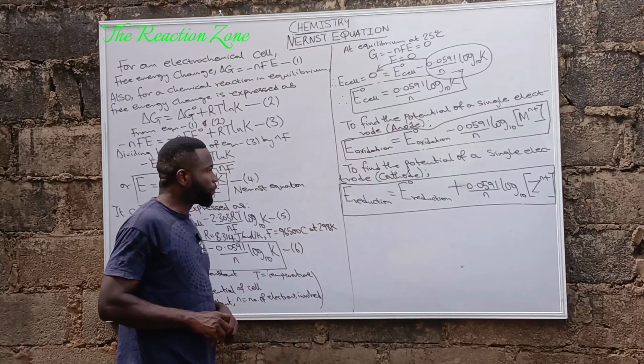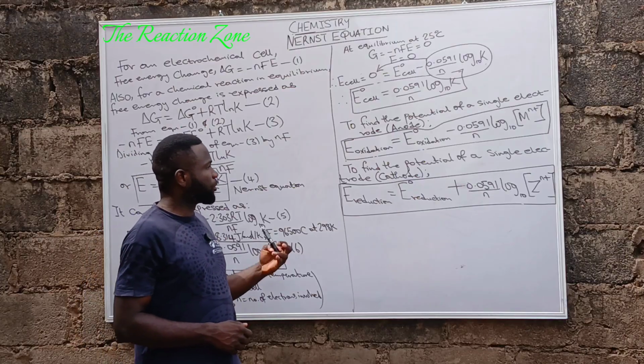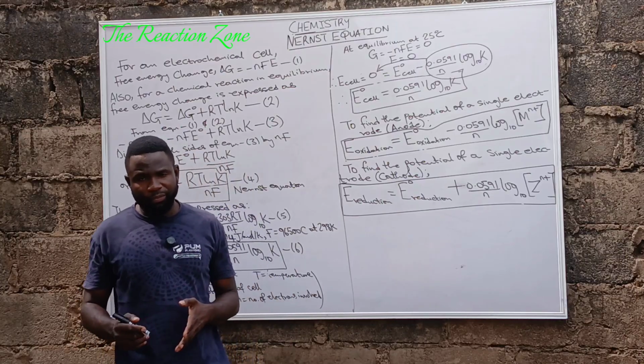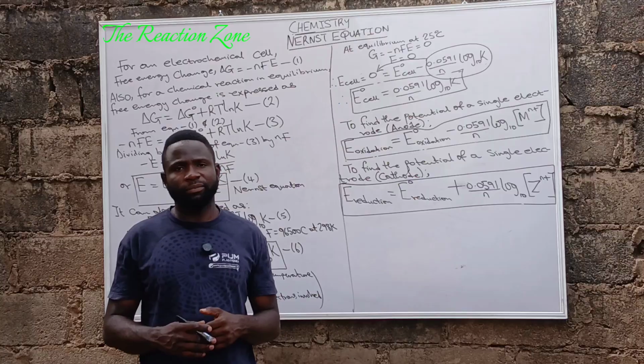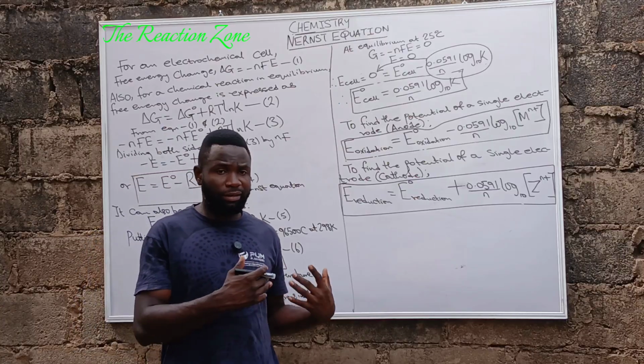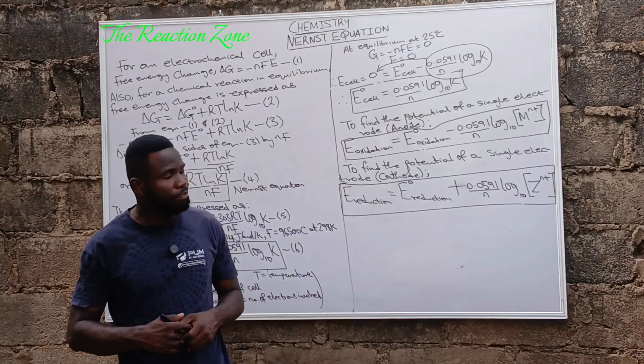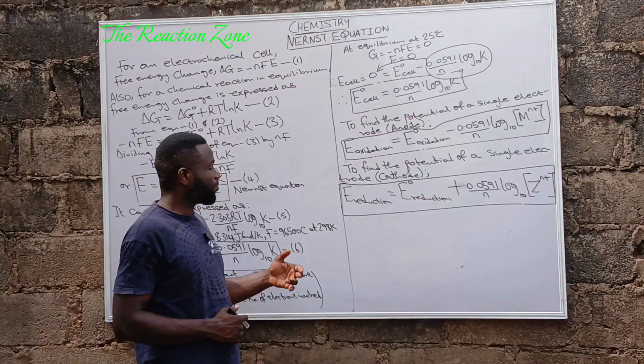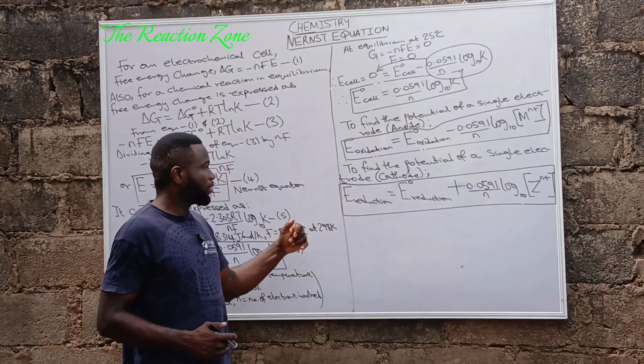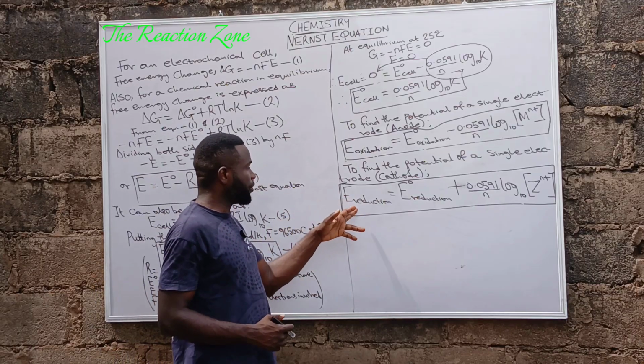Now, if I want to find the electrode potential of the cathode, bearing in mind that at the cathode in a galvanic cell reduction occurs, it means I'll be looking for the reduction potential of the cathode, and that is going to be E reduction.